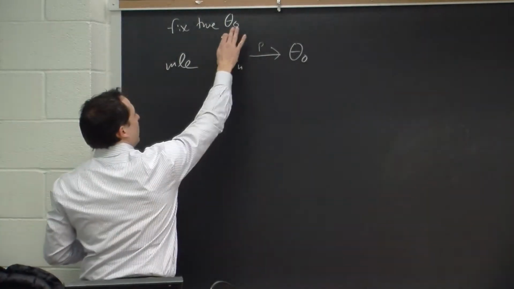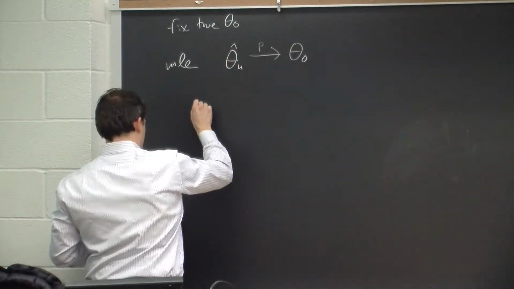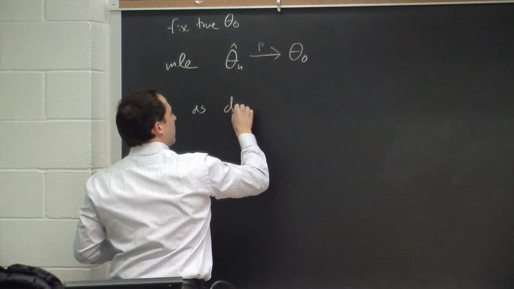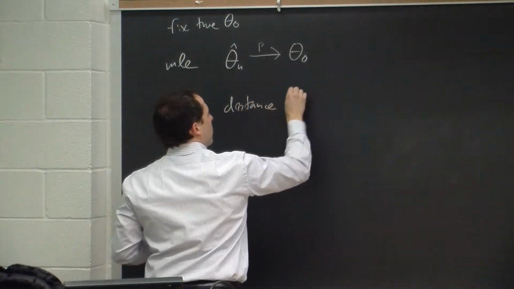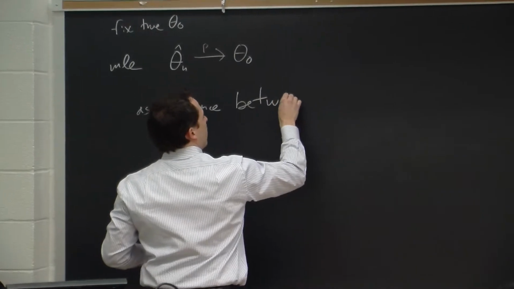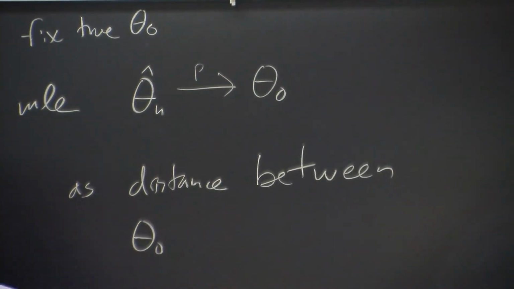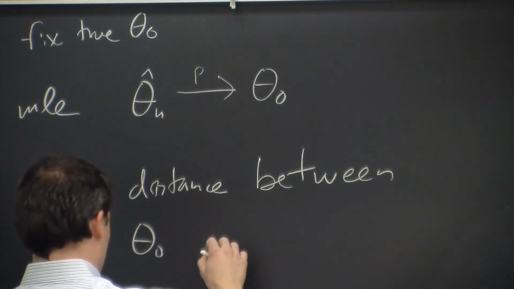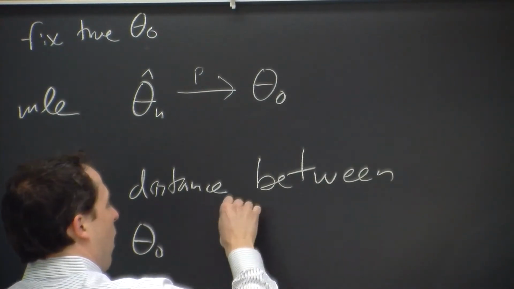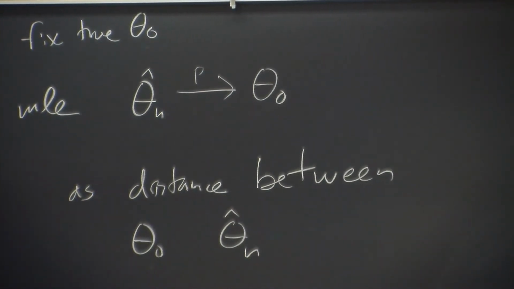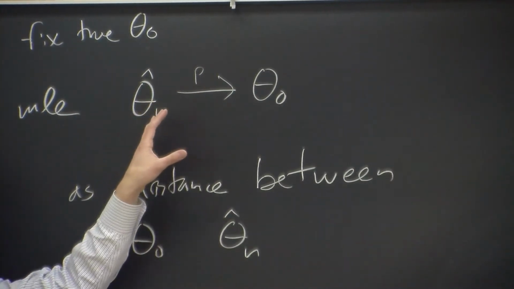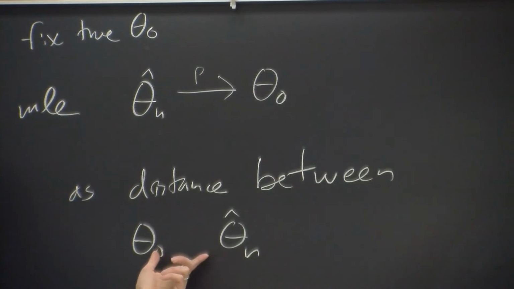And the idea is, if we're trying to test a null hypothesis, as the distance between the parameter corresponding to the null hypothesis and our estimate gets larger, we should judge this distance based on n, right? If n is very large, even small differences are very significant.